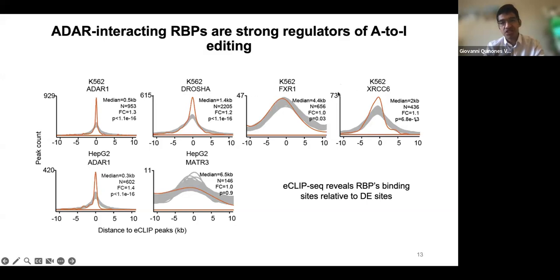And similar to DROSHA, we also have another RBP, XRCC6, which, although the signal is not as strong, still has a significantly closer binding position, suggesting that it could also have a local effect on RNA editing.